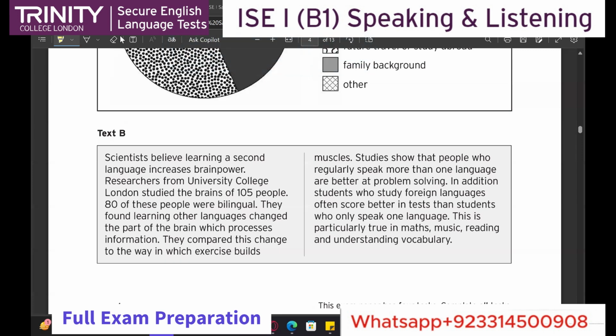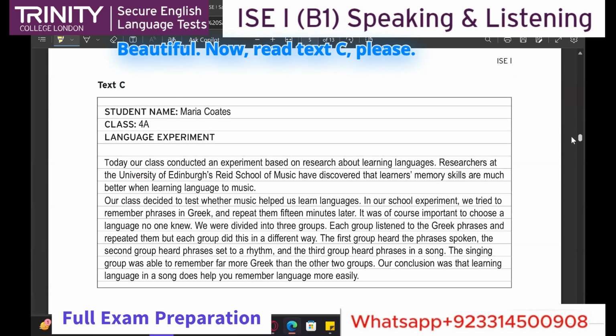And more? They can get better results in tests. Good. More? It's problem solving. Good. And they can learn other things like vocabulary, music, reading, and understanding things, right? Yeah. Beautiful. Now read text C, please.